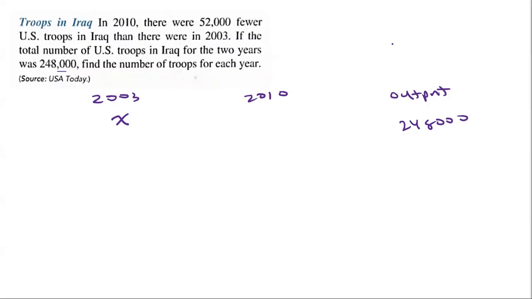how would I describe this in terms of X for 2010? How would I write that? If they said there were 52,000 fewer US troops than in 2003, how can I represent that for 2010?